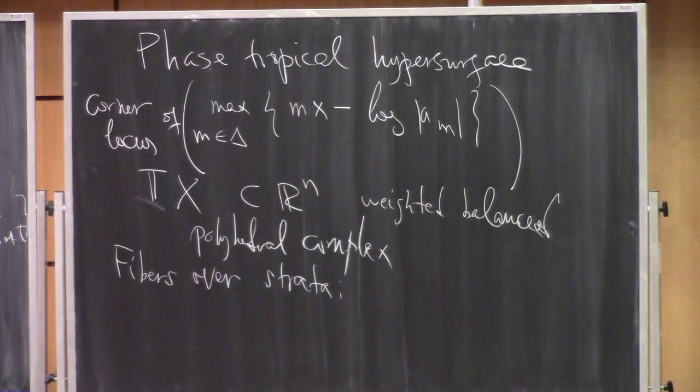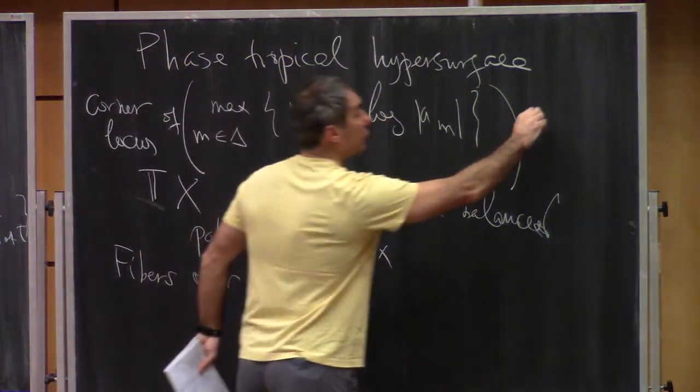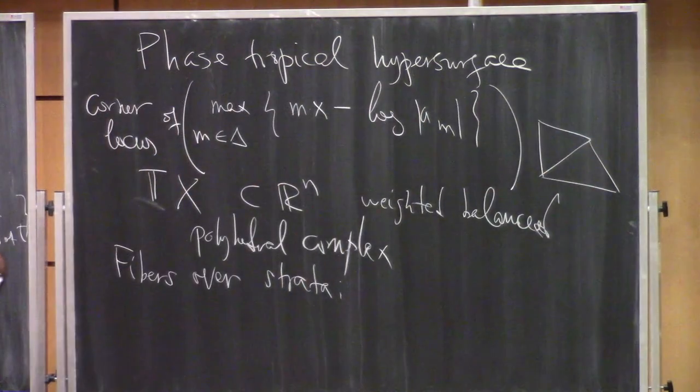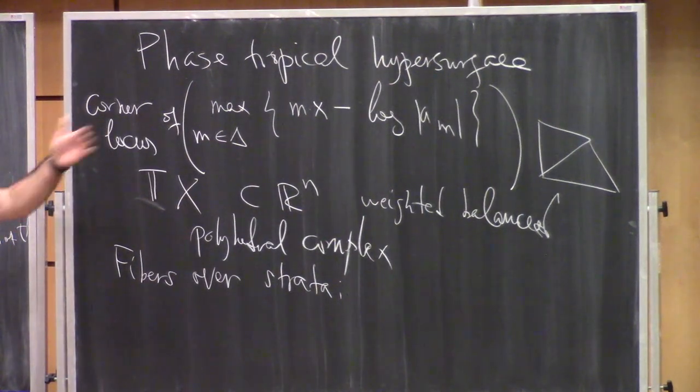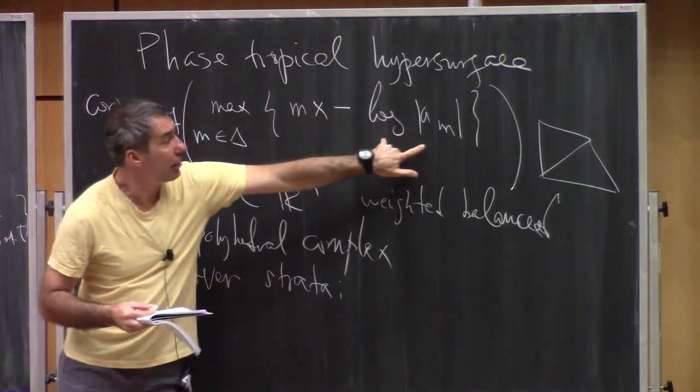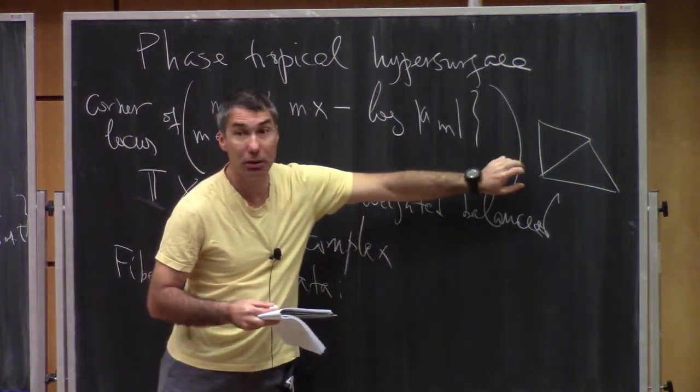So the strata are parameterized at first. This complex is dual to the, so if you have this function log a_m, it gives you a function on your Newton polytope.